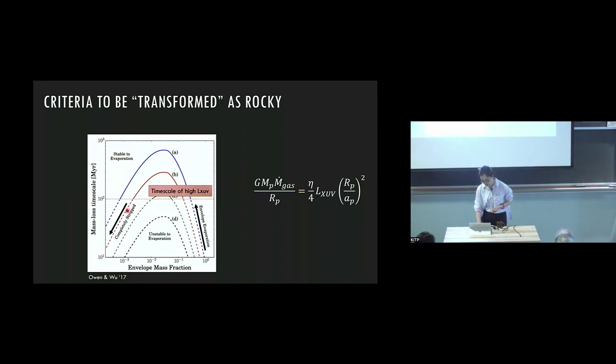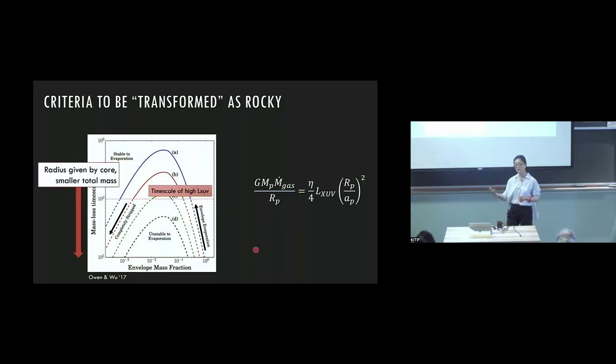So why exactly do we have this non-monotonic behavior, some sort of a peak in the mass loss timescale? That happens because if you focus on the regime where you have a very low envelope mass fraction, at that point the radius is no longer given by the atmosphere, it's given by the core. So you're just going to have smaller and smaller total mass, and with a weaker potential, it's much easier to get rid of all these atmospheres.